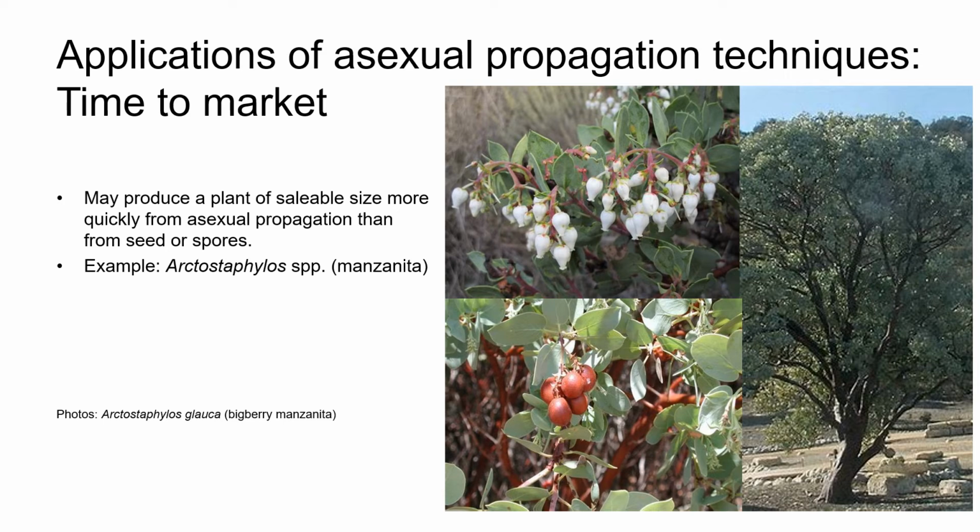Lastly, another advantage of vegetative propagation techniques is that sometimes you may be able to get a plant to a marketable size much more quickly than you could from seed. Examples include some of our California native shrubs, such as coffeeberry, ceanothus, and especially manzanita. It can take several months for manzanita seed to even germinate, let alone grow to a transplantable size.